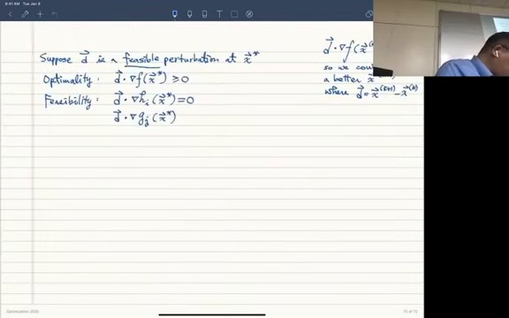So if you make a perturbation, let's say here is your g function.